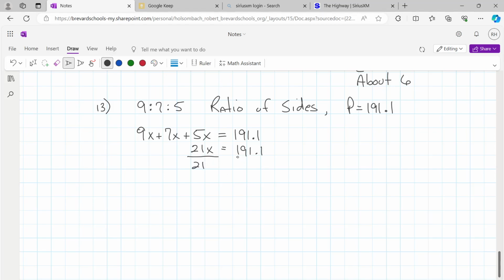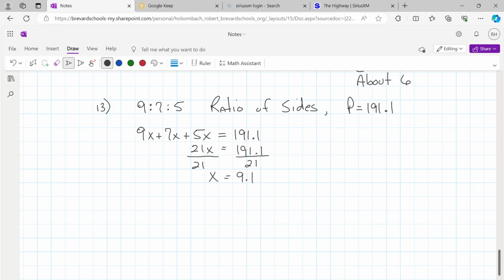Divide both sides by 21. Our x represents our multiplier. 191.1 divided by 21 is 9.1. So x is our multiplier, and our multiplier is 9.1.